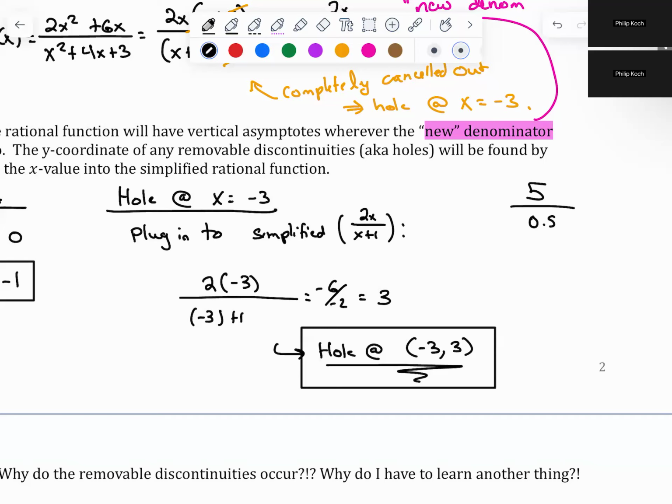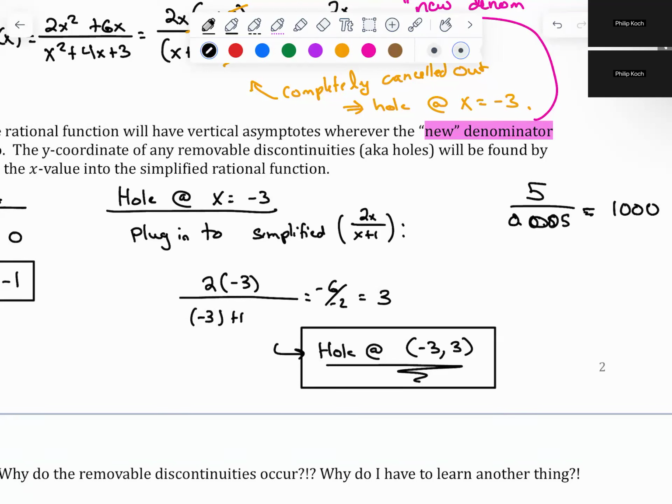That's going to be 10. But if I do 0.05, it becomes 100. And if I do 0.005, it becomes 1,000, and so on and so forth.